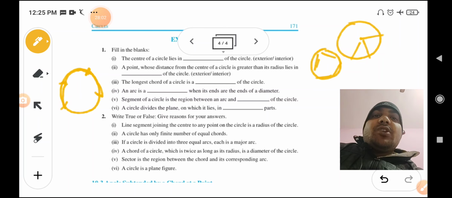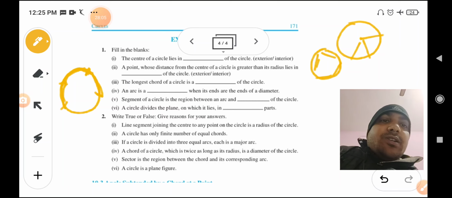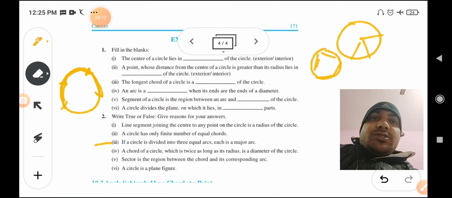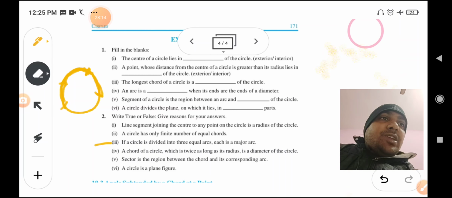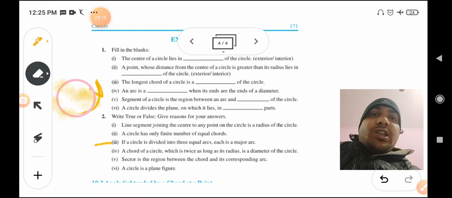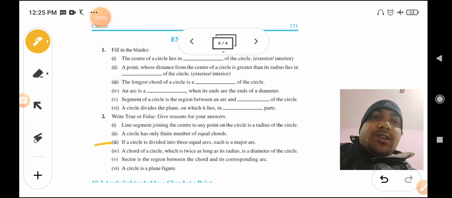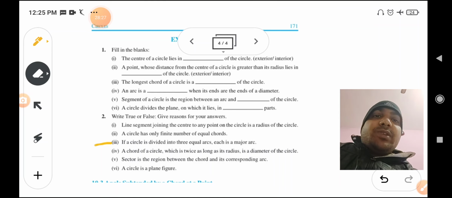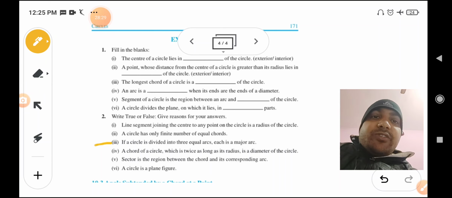Otherwise, if all three arcs are equal, then we can't say about the major arc. Major minor arc is only associated with different lengths. So this is false.